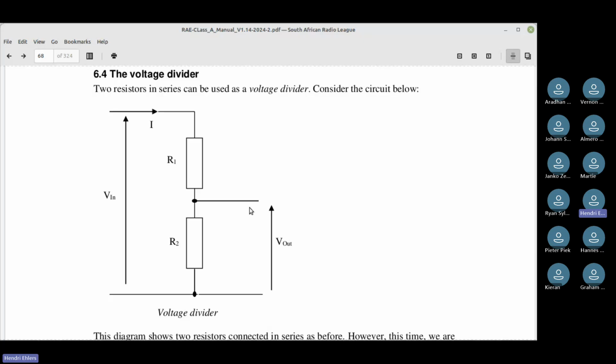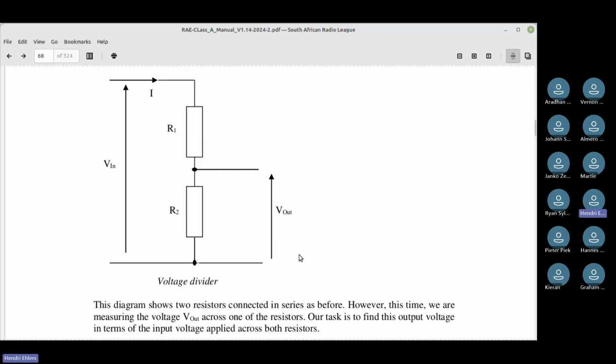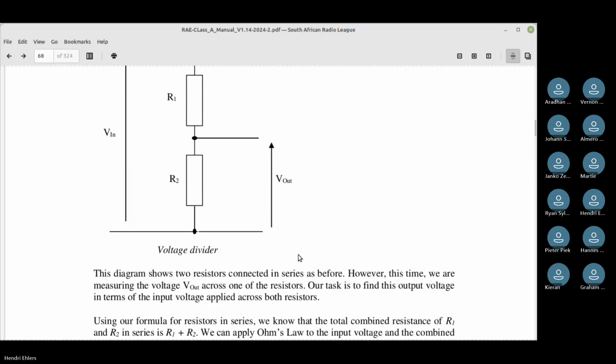So you have to divide that down. You can divide it by 10. So you put 100K there and a 10K over here, and you'll get 1/10 of the voltage fed in over here. And you then program your microcontroller so that it knows that the voltage that it measures must be multiplied by 10. And that's where you use a voltage divider.